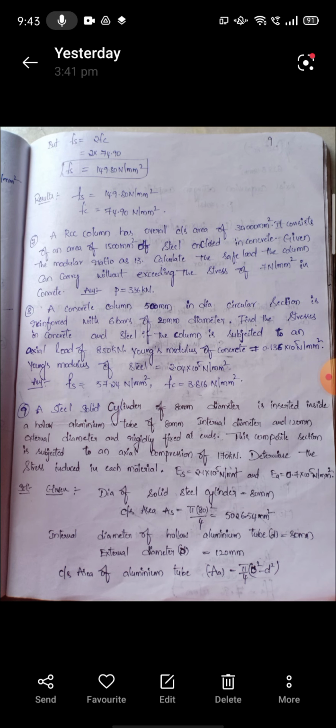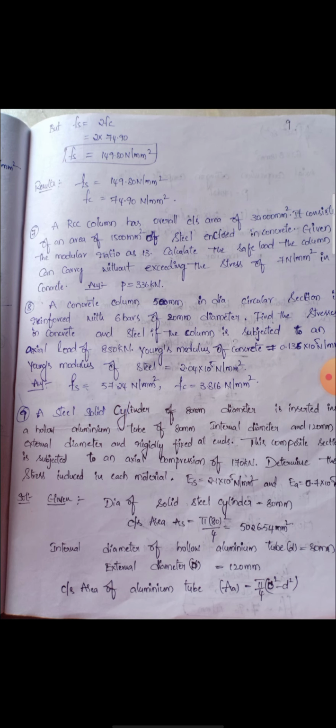Coming to the Fs, Fs is 2 into Fc. So 2 into the Fc value of 74.90 Newton per mm square, the Fs value is 149.80 Newton per mm square.